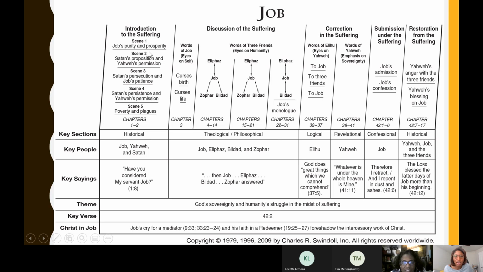And so I thought this was so interesting as I started to study this, the way that it was written. I had always read the book of Job, but it was divided into parts, a prologue. If you've ever been to a play, this would be like the opening act. And if somebody has a monologue in the play, they come and stand and talk all by themselves. And then an epilogue wraps it up.